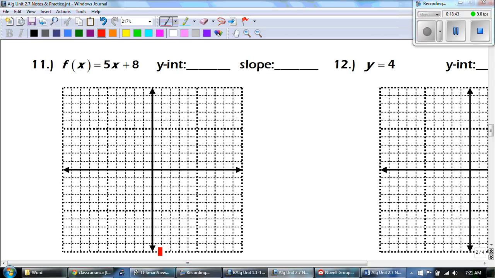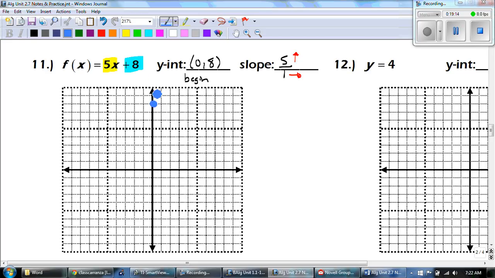All right, number 11. My y-intercept, where we begin, is 0, 8, and my slope, 5 over 1, which means I need to go up and to the right. So here I go. I'm at +8, and I go up.